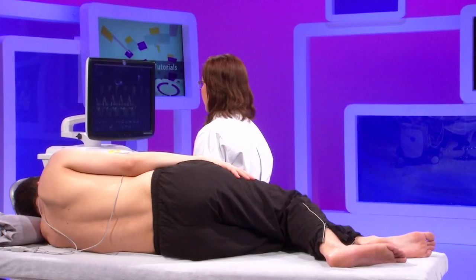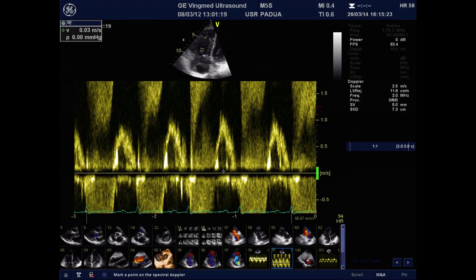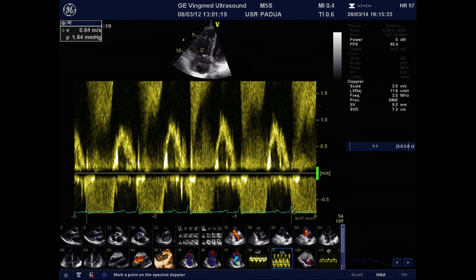However, I would underline the fact that when the patient is tachycardic, like in this case, where you see the heart rate is 94, it is not a reliable parameter, because with the fusion between E and A waves, the velocity is no longer reliable.